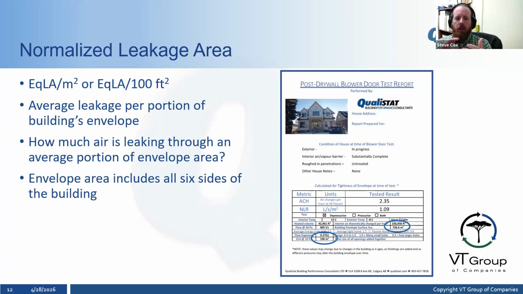So all 4 walls, the attic, as well as the slab, whatever that slab is. So even though we have a portion that's underground, it has really low leakage area because it's underground, that does still count as an above grade wall area. So that benefits us when, like in Alberta, we build basements, that's beneficial to our calculation here, because it's a really airtight assembly in terms of normalized leakage area.